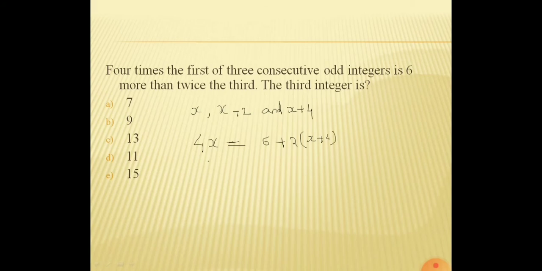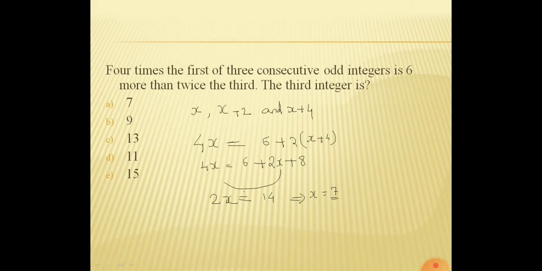Okay, so solve and get the value of x. So 4x equal to 6 plus that, we will get 2x plus 8. So 2x can be taken to that side, it will be 2x equal to 14. So x will be 7. x equal to 7, right?